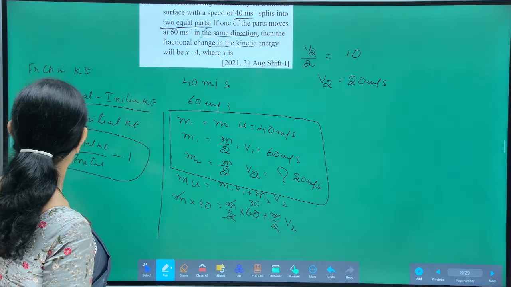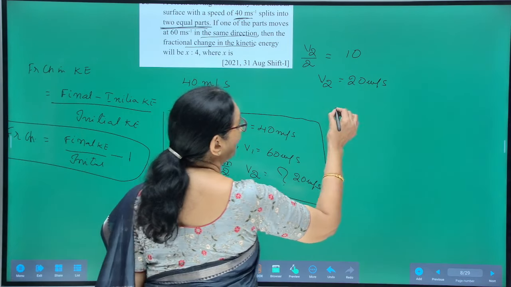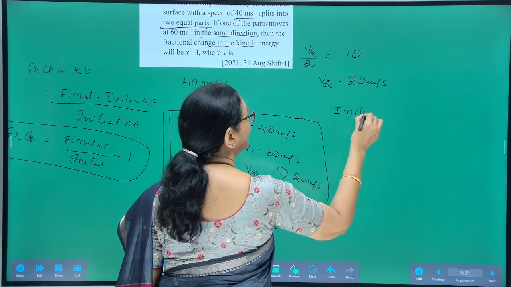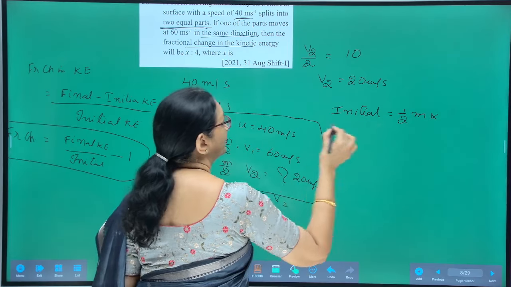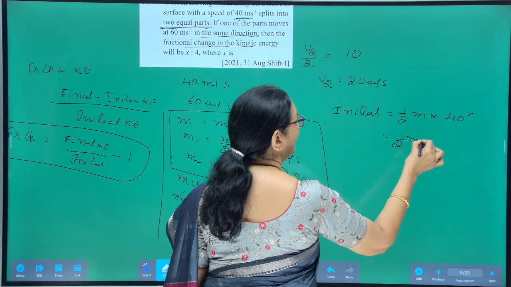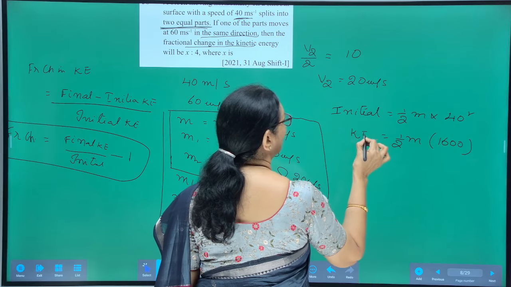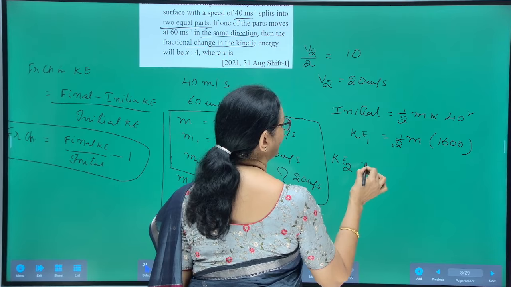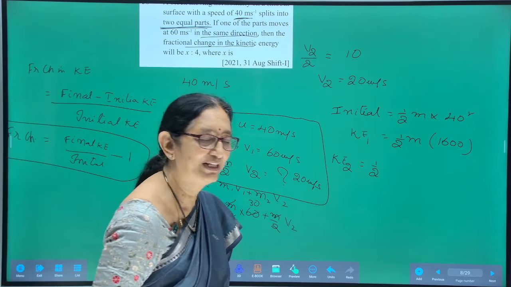Look here. Fractional change is final kinetic energy by initial kinetic energy minus 1. First let us find the initial kinetic energy, that is half m into u square, that is 40 square. So, half m into 1600, that is initial KE, KE1. Final KE, let us take it as KE2, that is half m1 v1 square plus m2 v2 square.